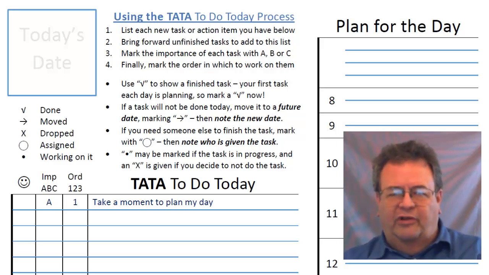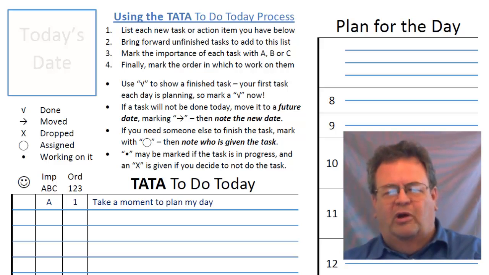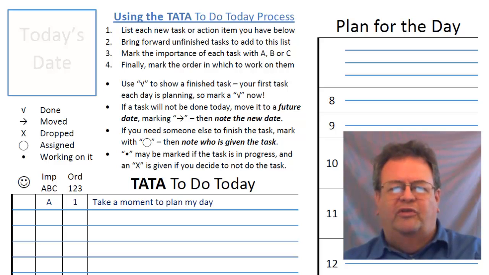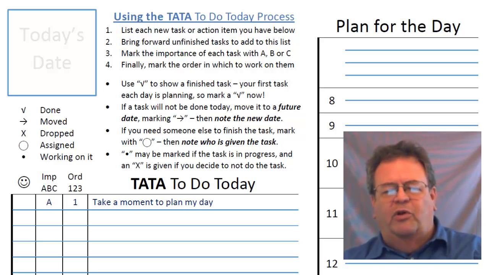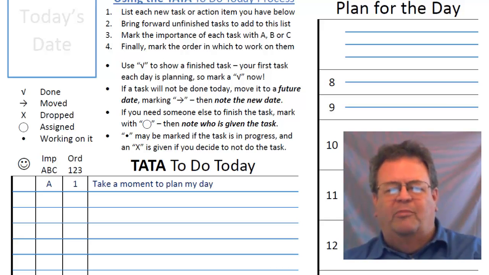So in this particular case, you've taken together all of these things, all of these tasks here. You've brought forward unfinished tasks from previous days, and then you go through and take a quick time to mark which of these things are important. After you've been using the system for a while, this will become kind of second nature for you. Basically, often the things that are urgent may not be the most important things, so please mark the important areas.